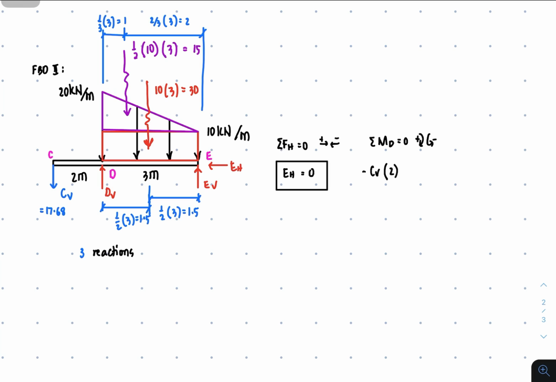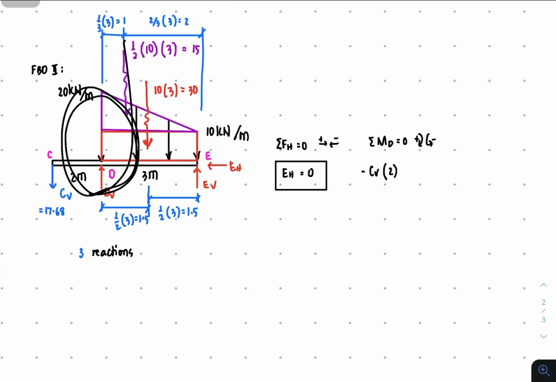The 15 resultant is downward, so it's going to rotate clockwise. So it's plus 15 times the moment arm, that distance of 1 meter.